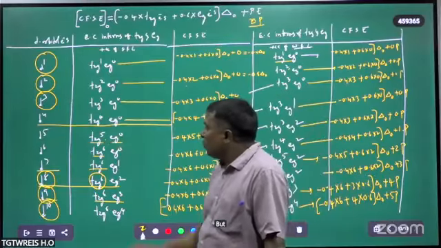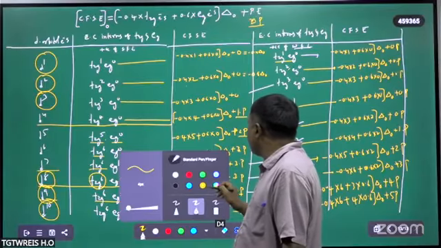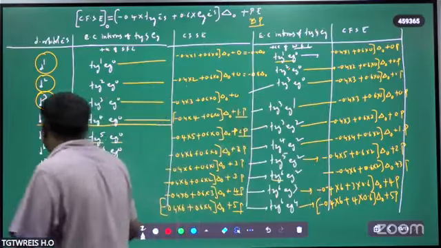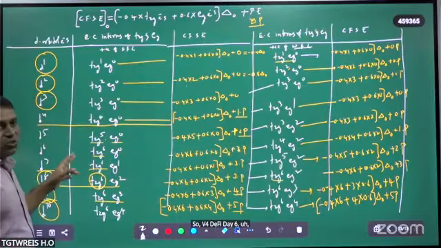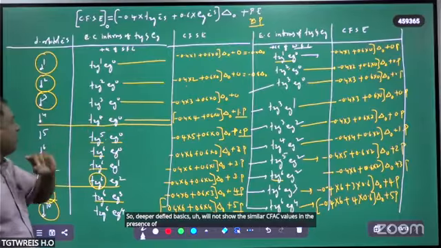But d4, d5, d6 will not show similar CFSE values in the presence of weak field and strong field.